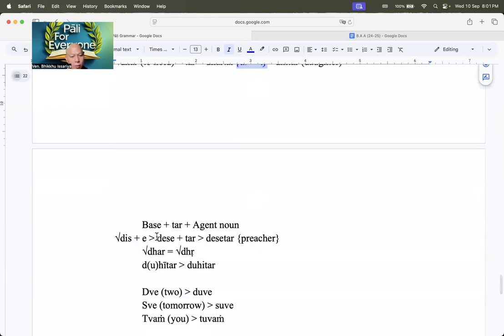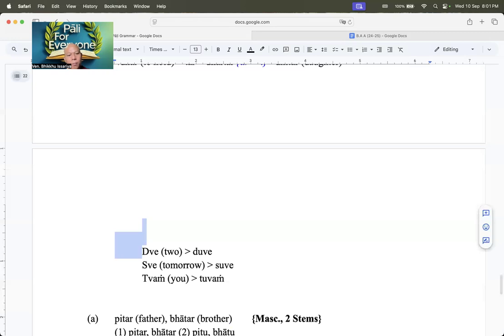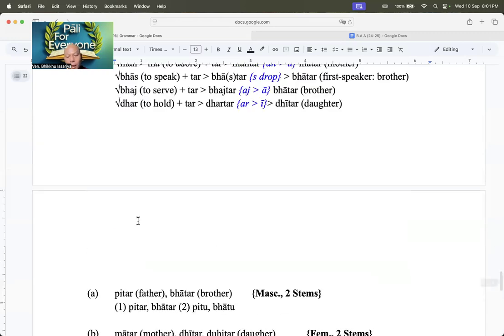In this way it can be, but this a changed to the i is just tracing back. Actually, the root dhar is Pali. But in Sanskrit, the root is dhir. So at that time, by changing in this way it can be this.